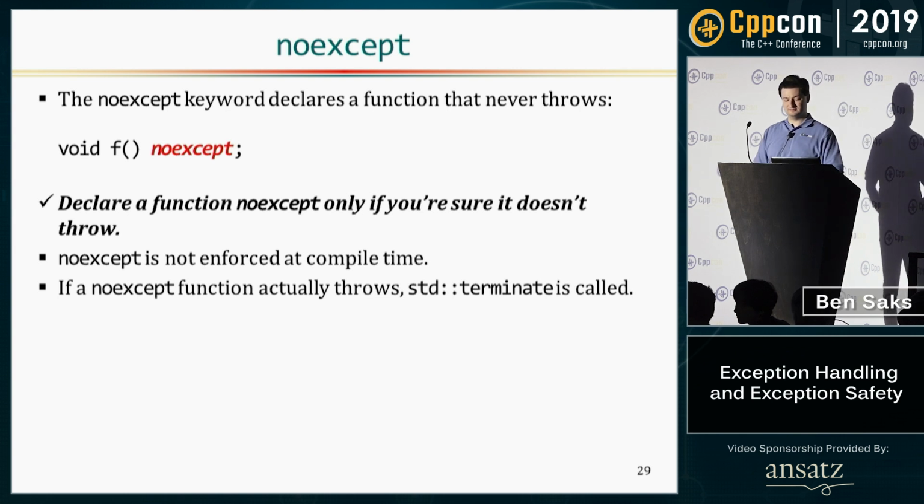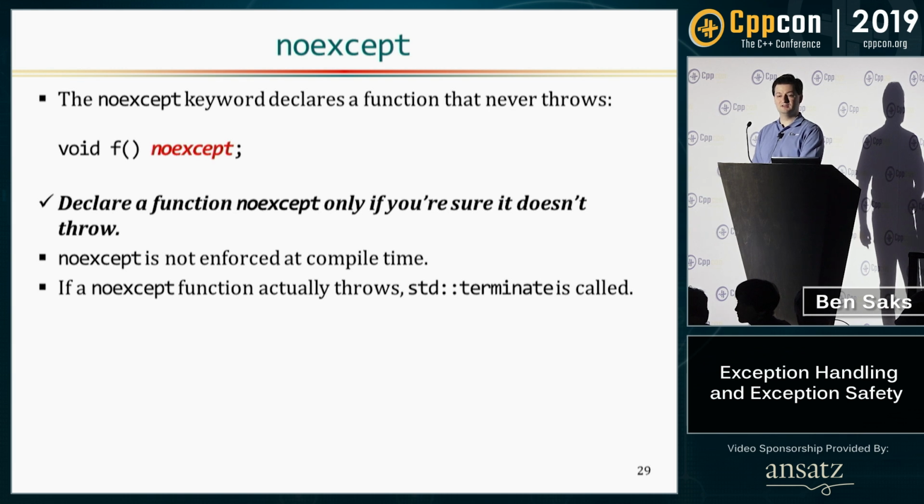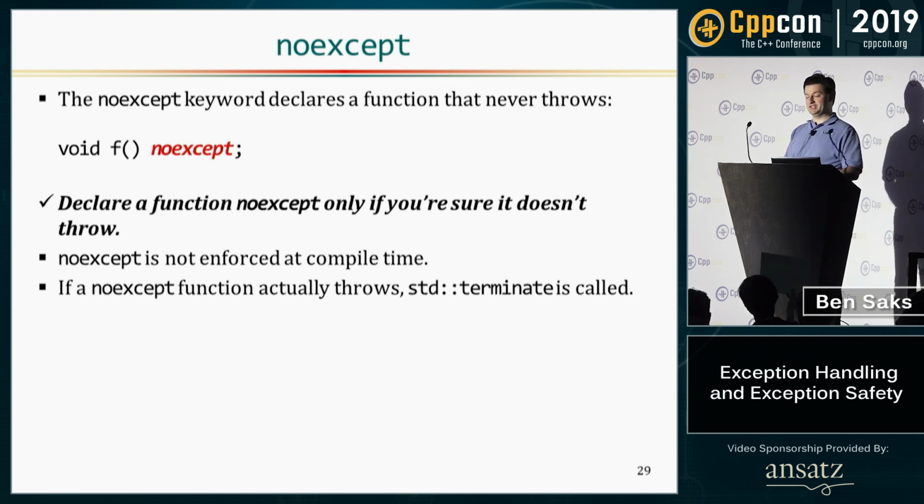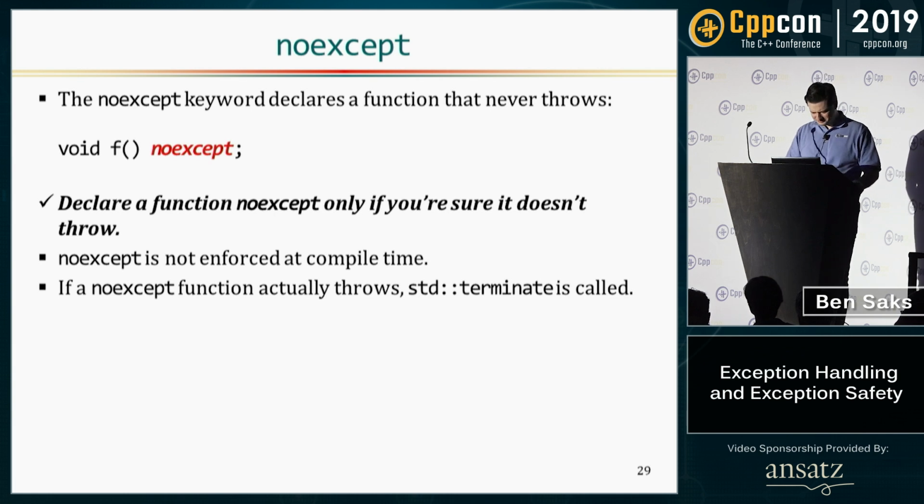Could you say a word about some performance issues which are connected with throwing exceptions, about unwinding the stack and so on? Yeah, so the question is about the performance of exceptions. And it's a complicated question. The standard doesn't mandate an implementation of exceptions. There are, generally speaking, two common ways to do it.